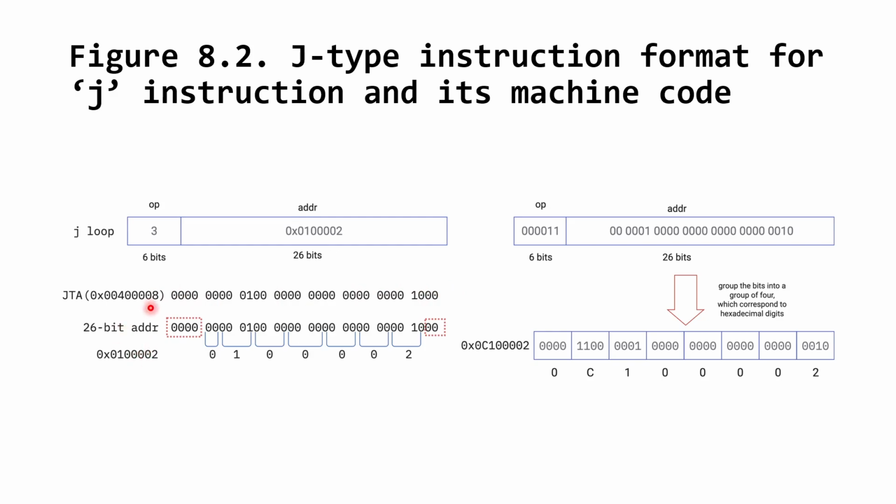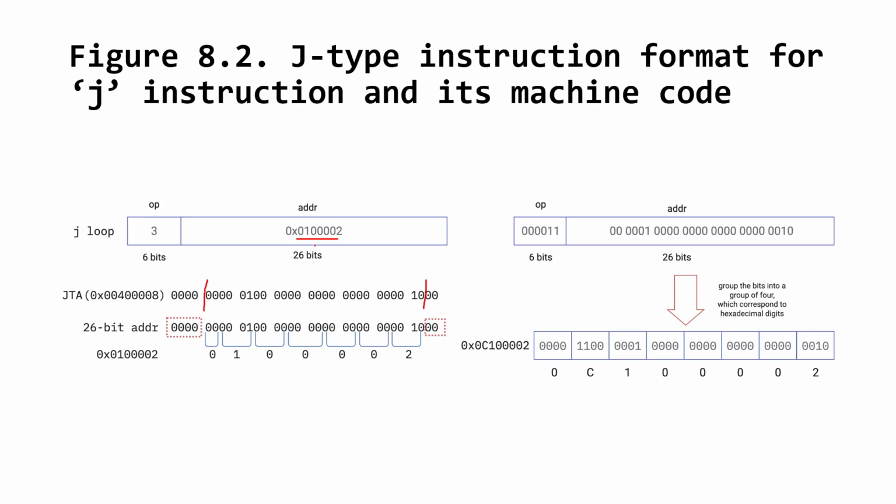Then take out the 26 bits, from this side until this side. So this is your 26 bits, as you can see I have grouped it. These 4 bits, 4 bits, 4 bits, now you will have 0100002. This is what it looks like in the immediate offset.